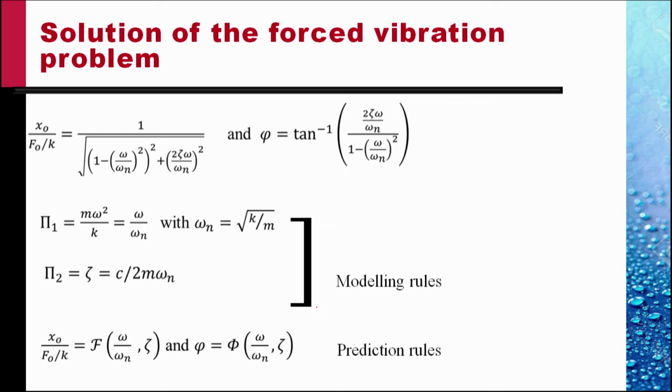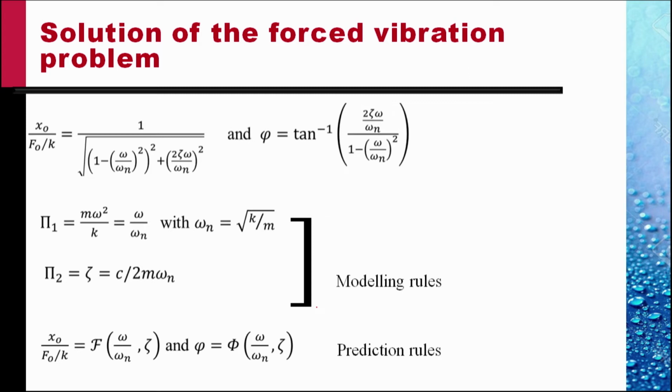Measure the value of x naught divided by f naught by k in the model system, and this exactly would be the value of x naught divided by f naught by k on the prototype system. And since we know the value of f naught by k for the prototype system, we can predict the value of x naught and similarly of phi of the prototype system. This, in essence, is the way the modeling works.